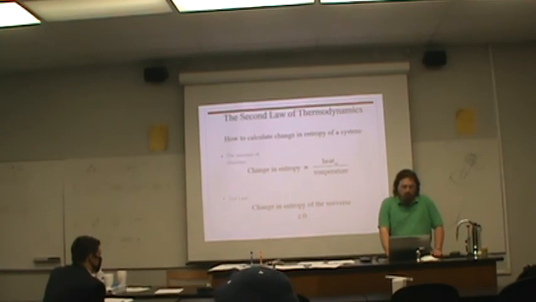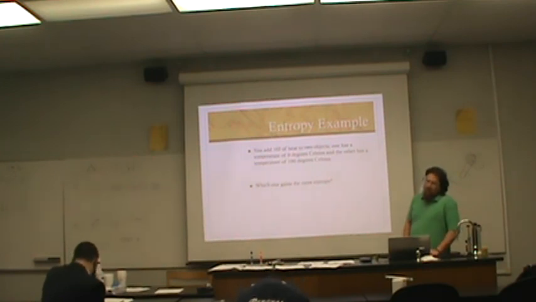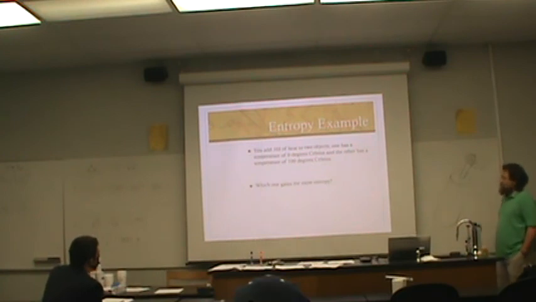To utilize this very quickly, we're going to add 10 joules of thermal energy to two separate objects. The first one is at freezing point, the second one is at boiling point.